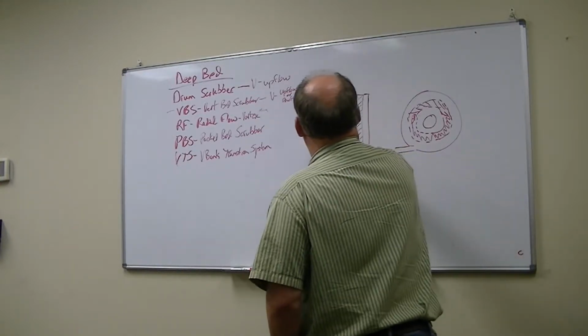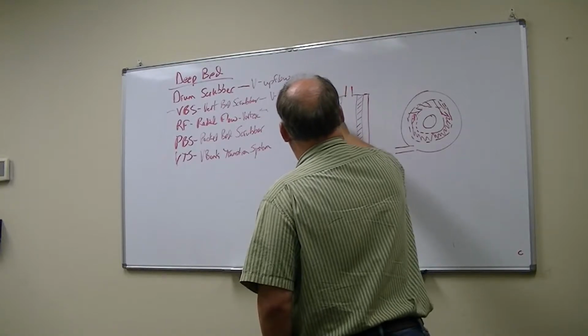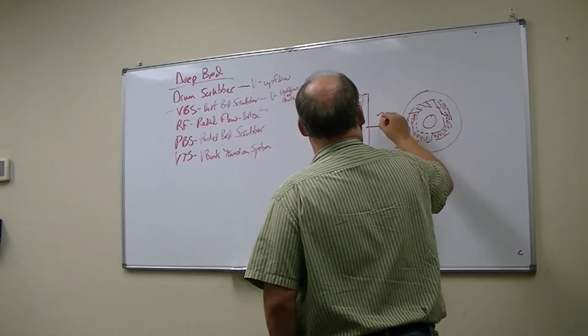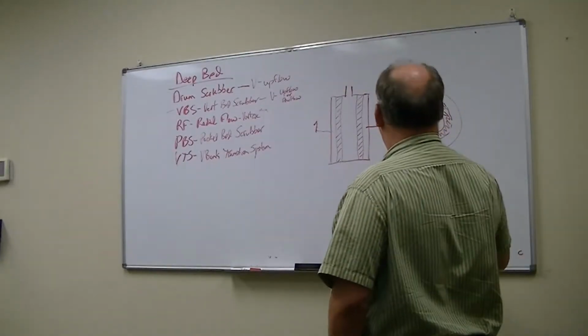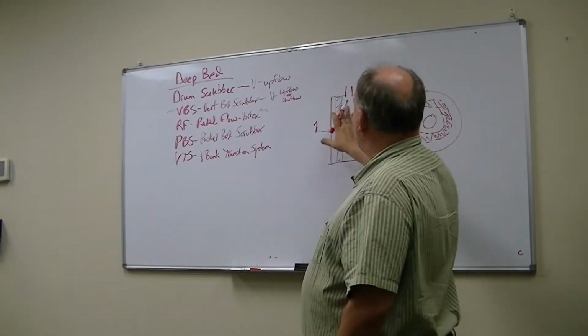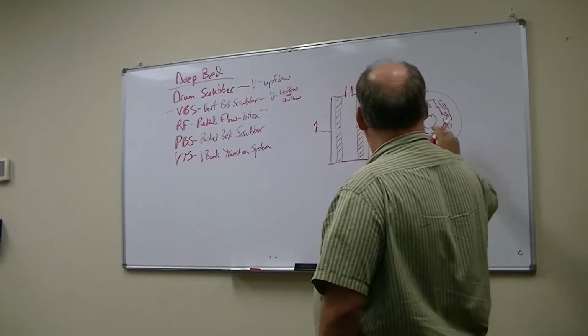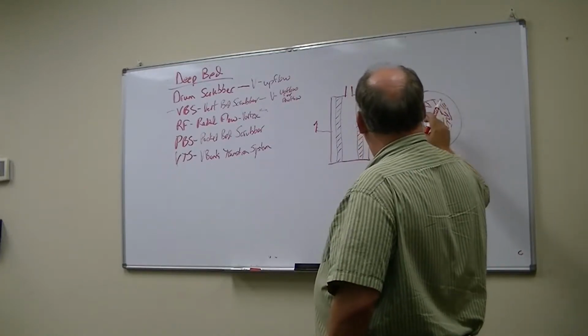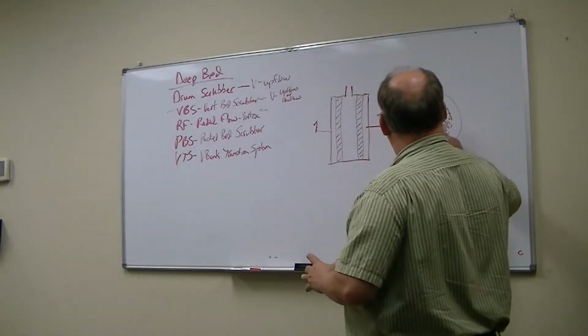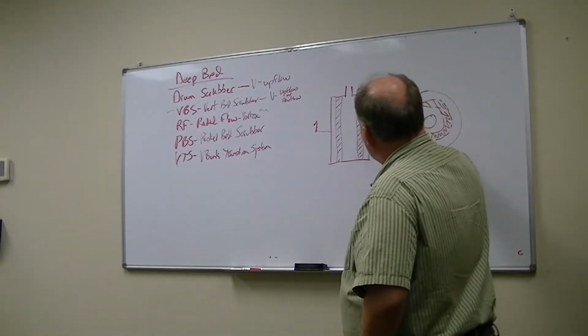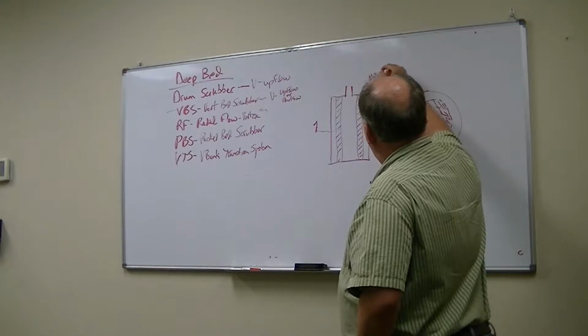All right, so this is the cross-sectional view of that, okay? So we're taking a look at the side view of it and the top view, and hopefully you're getting that there is a hollow cylinder. So this is the absorbent media here, all right?